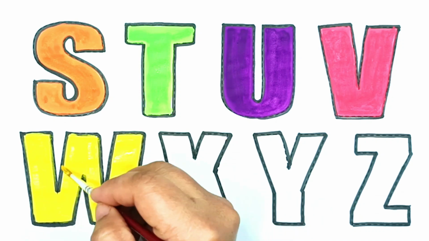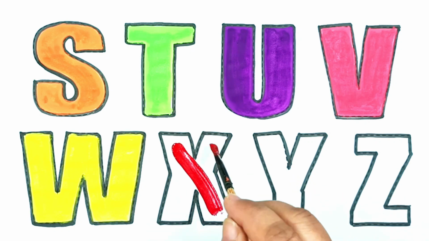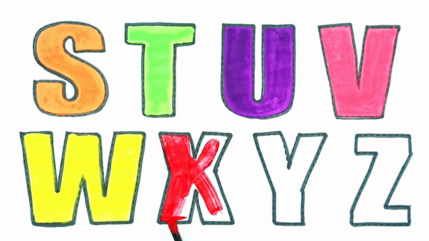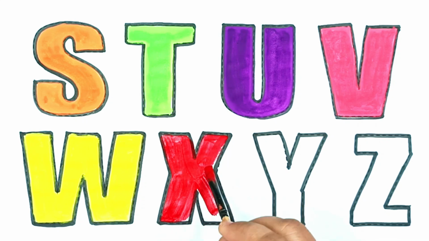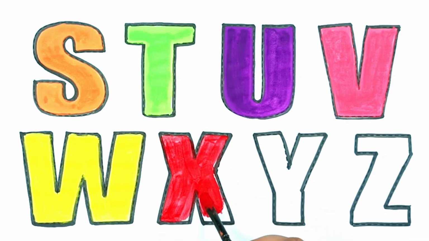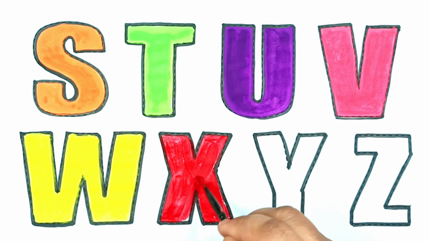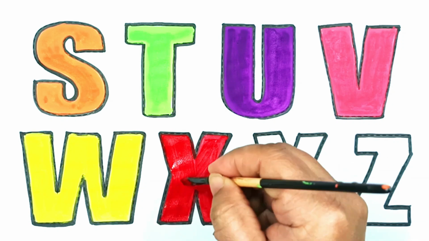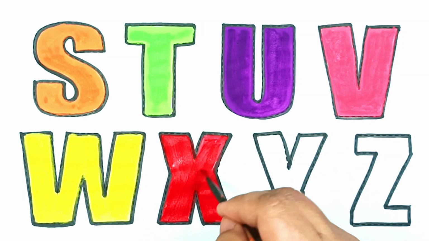W is for wishes, you make every day. X axe, X fox. X is for xylophone, play it today.